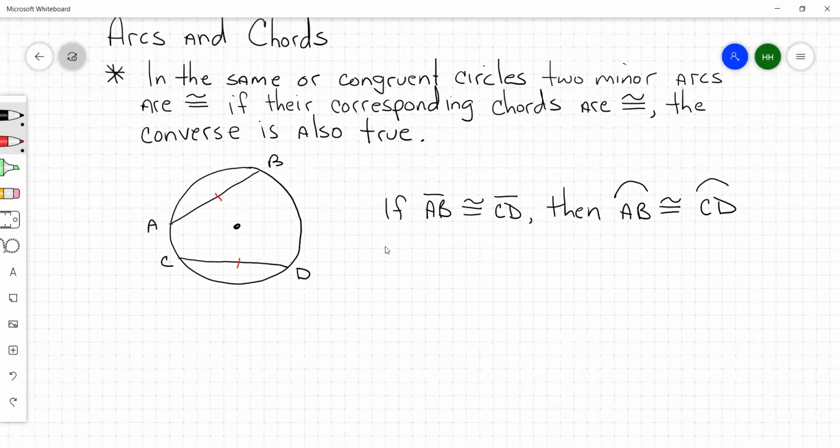If the two chords are congruent to each other, then these two arcs are congruent to each other. And vice versa. If arc AB is congruent to arc CD, then segment or chord AB is congruent to chord CD.